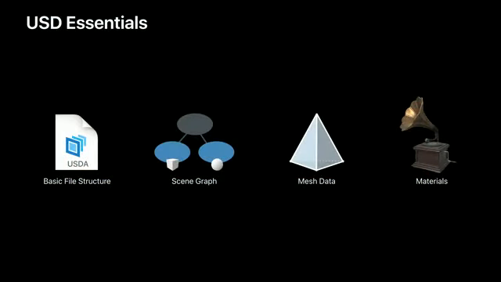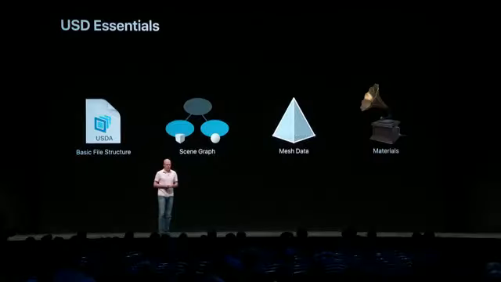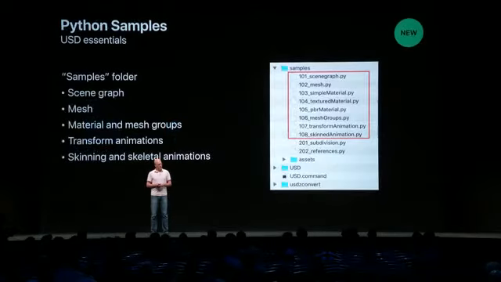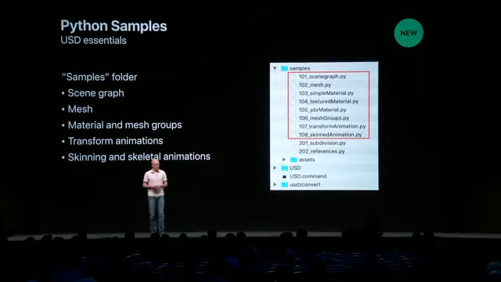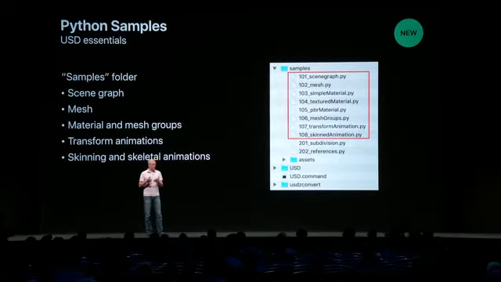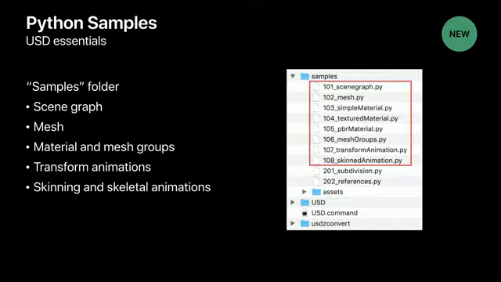Okay, so that covers the essentials in USD. All of these concepts that we talked about are in a samples folder where we provide little sample scripts to create scene graphs, mesh data, material and mesh groups so that you can assign multiple materials to a single mesh, and even animations for transform animations and for skinning and skeletal animations.